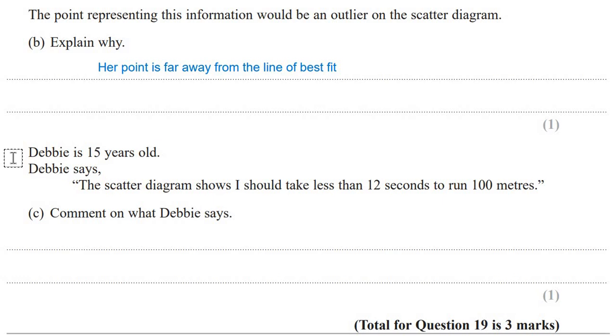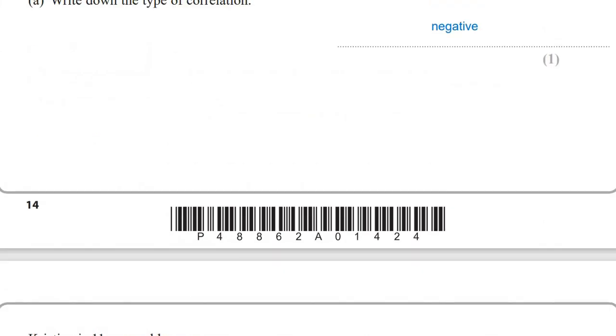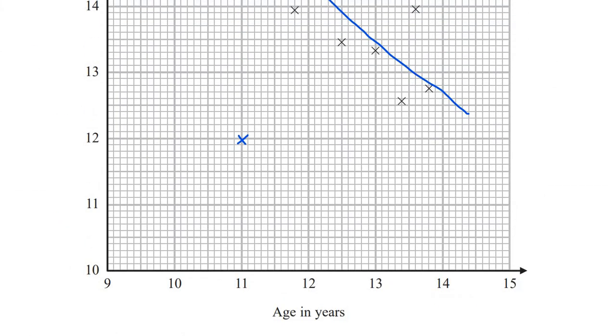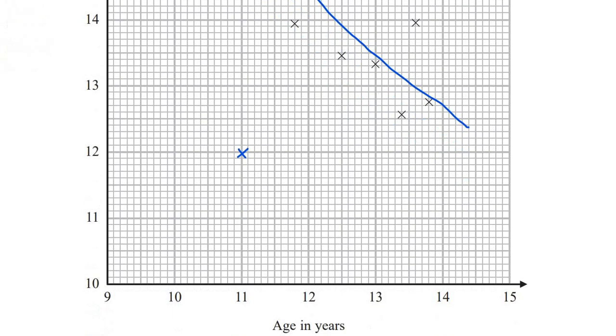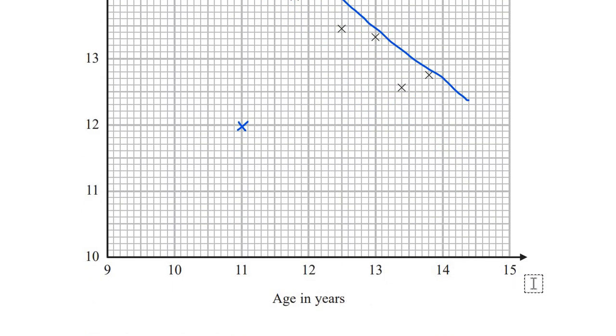Next, Debbie is 15 years old. Debbie says the scatter diagram shows I should take less than 12 seconds to run 100 meters. Okay, so she's 15 years old. Let's try and figure out how much time a 15-year-old might take. So we have age in years. So this is 15.